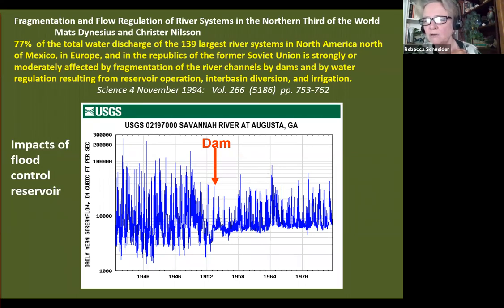And we had looked at hydrographs in the previous section. What you see on the vertical axis is the daily mean stream flow or discharge in cubic feet per second. Prior to the construction of the dam, water flow varied from 1,000 up to 300,000 cubic feet per second. Huge flood events would go through relatively frequently. The dam stopped that.